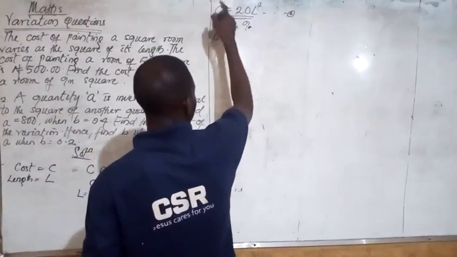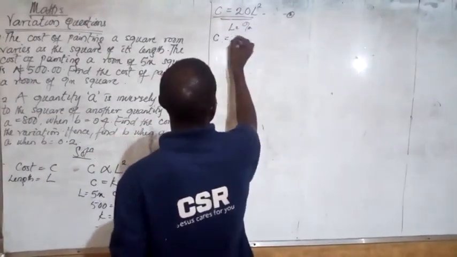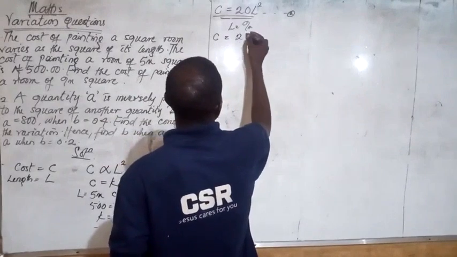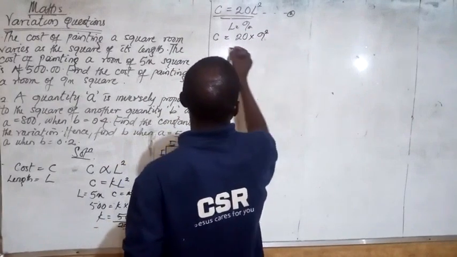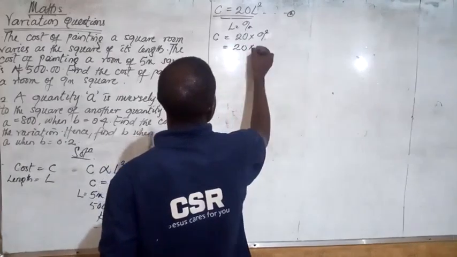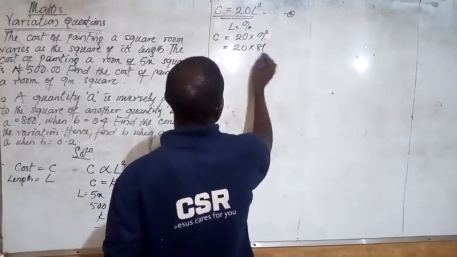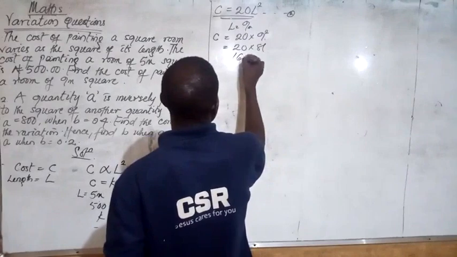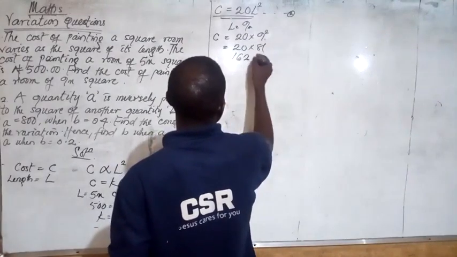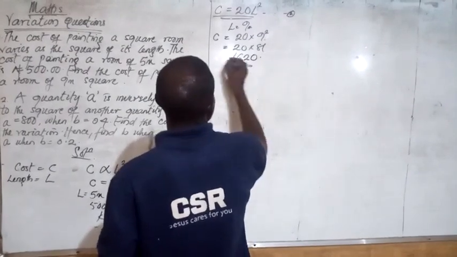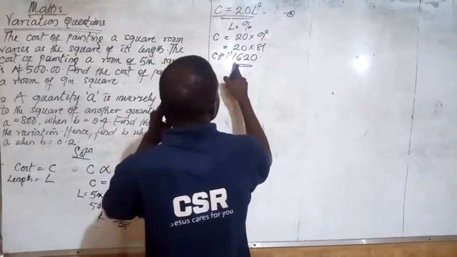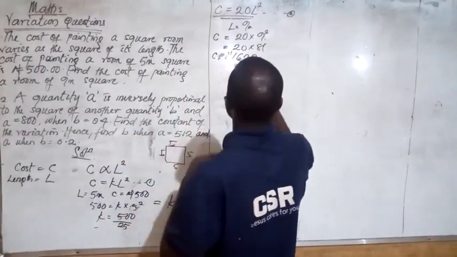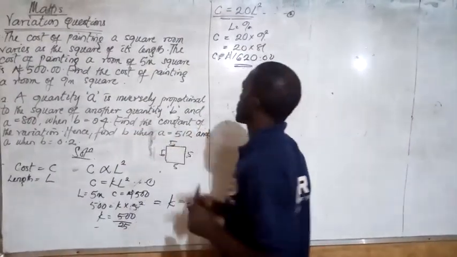Therefore, C being the subject of the formula already, we have C equal to 20 by 9 squared, which means 20 by 81. So C is going to be 1,620 naira. That is going to be the cost.